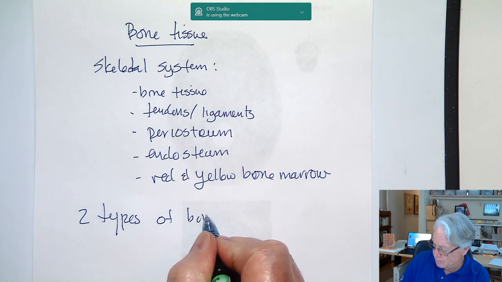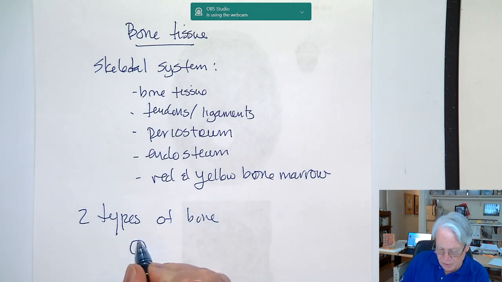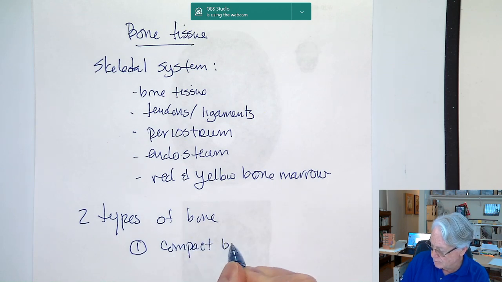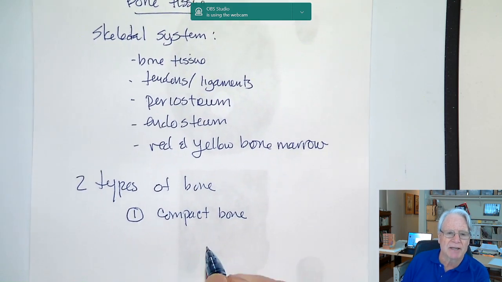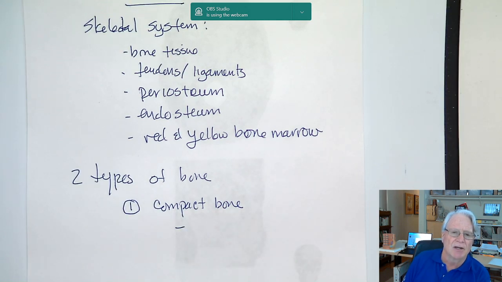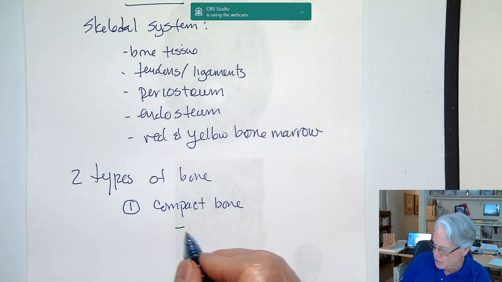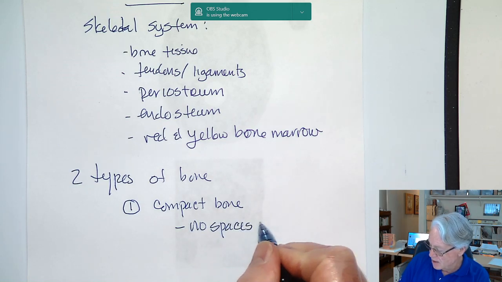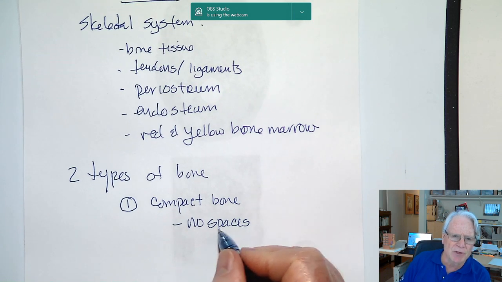So in terms of bones, there are two types of bone. One of those is referred to as compact bone. And the simplest way to describe the character of this type of bone is there are no spaces. And I'm going to expand on that.